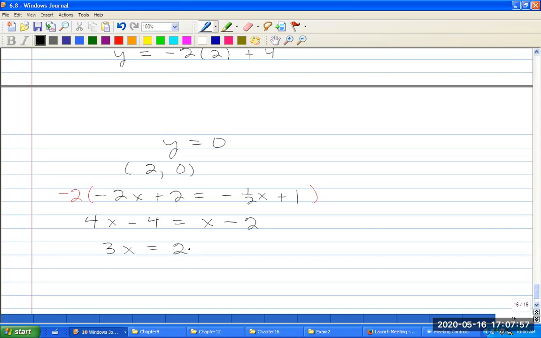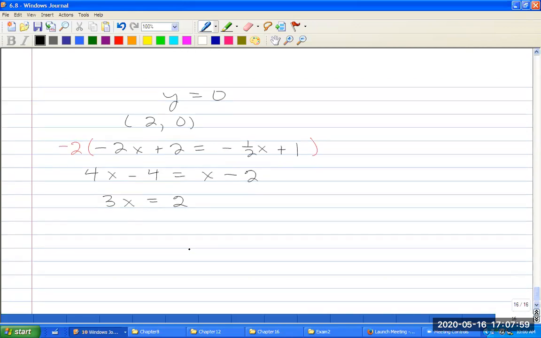Add 4 to both sides. So x is equal to 2/3. And let's figure out y. So y is equal to negative 2x plus 2.